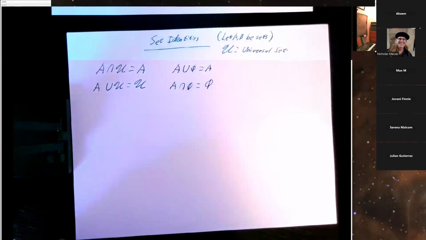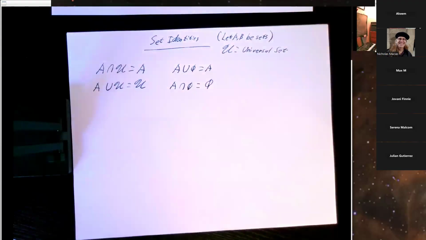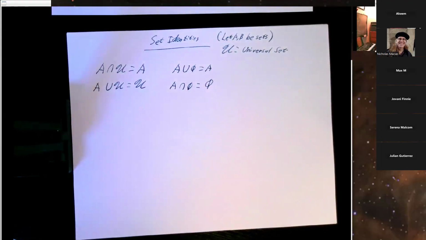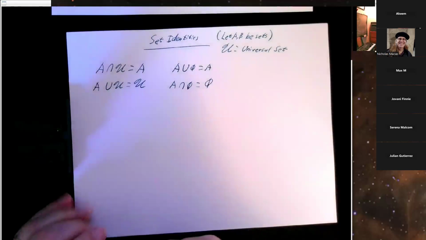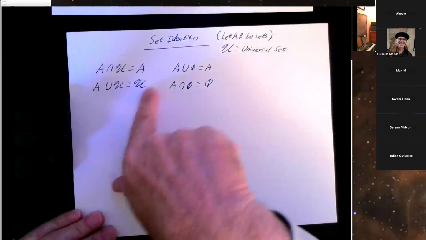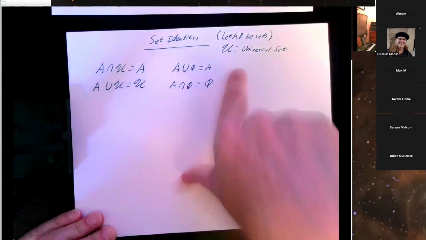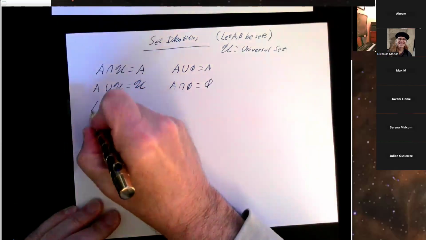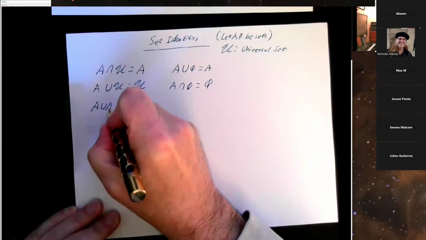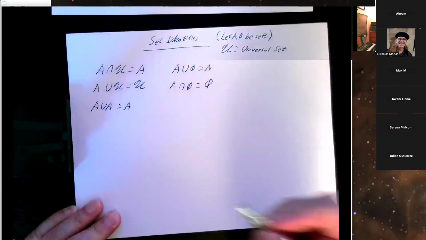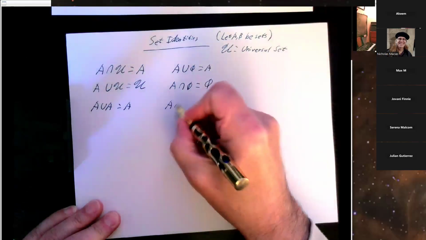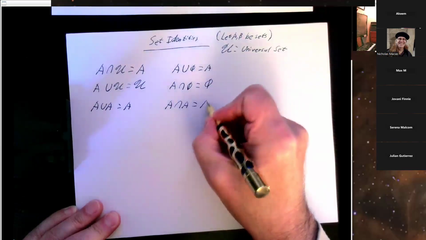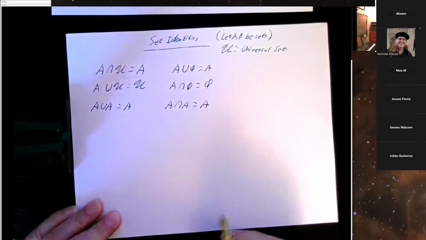Well, there's nothing in the empty set, so the intersection is empty. So union or intersection with the universe acts like that. Union or intersection with the empty set acts like that. If we take A and we union it with itself, we get good old A. And if we take A and we intersect with itself, we also get A.